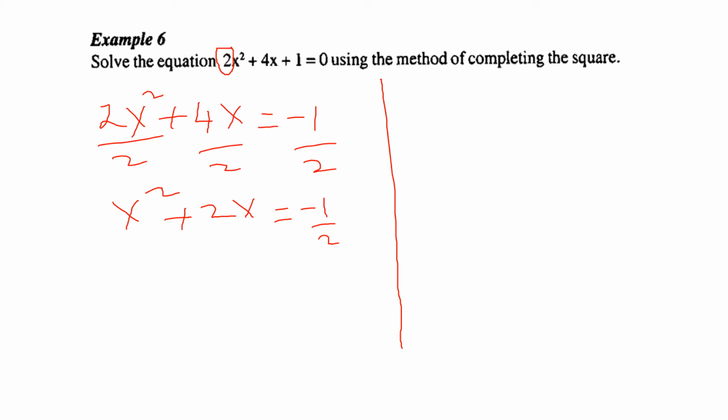So the next thing is for us to reintroduce, on this side, the constant c, and we know c is equal to b divided by 2, then this one we square.